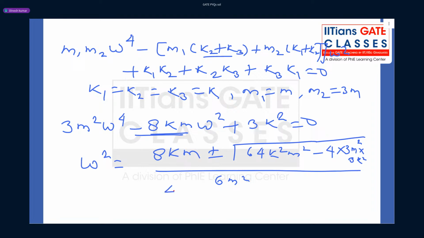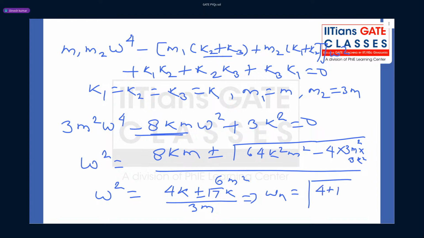So what you get, you will get 4k plus minus under root 7k upon 3m, equal to omega square. Now from here, what will be your omega, which is the natural frequency? It will be under root of 4 plus minus under root 7 by 3, and then you can write k by m.